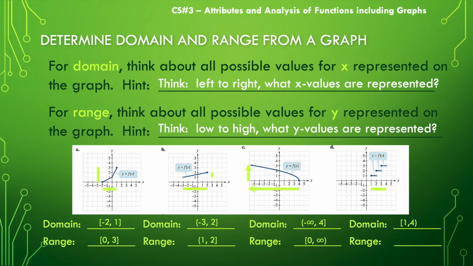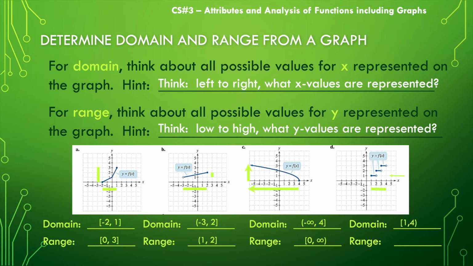Now the range, this is a little bit different because look at those breaks in between. I can't use an interval here because it's not continuous between 1 and 3. Okay, so if I'm looking at this first line segment here, what is the y value? Well, that's a y value of 1.